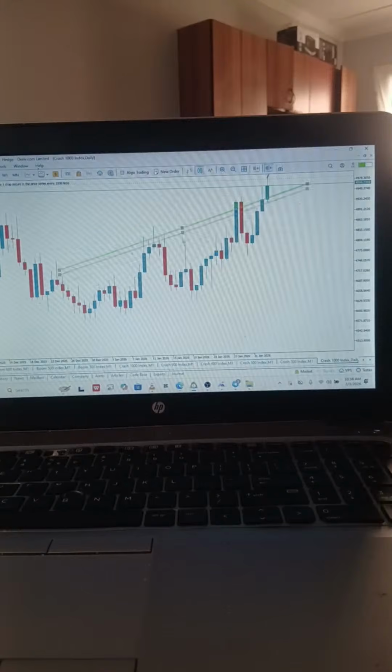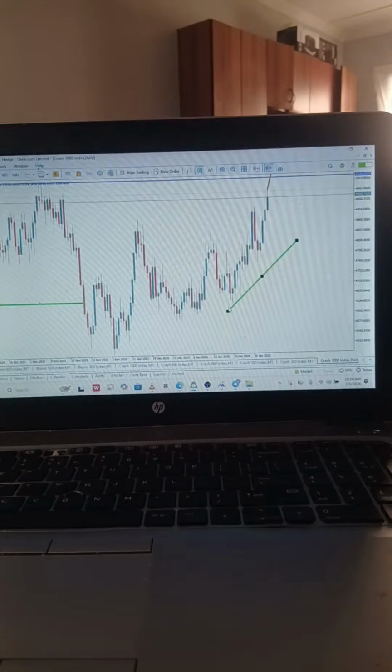Let's see here on the bottom. On the top, it's not really clear how price is following this channel. If I draw from here to here, yes, we can get a trend line. Not really, I don't see any channel here. So this is on the daily.